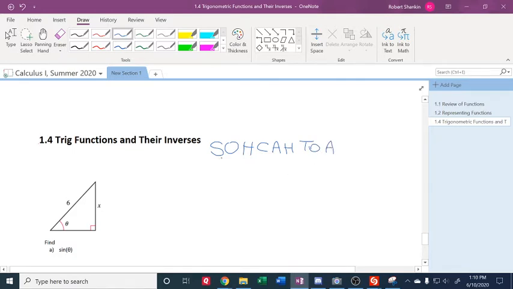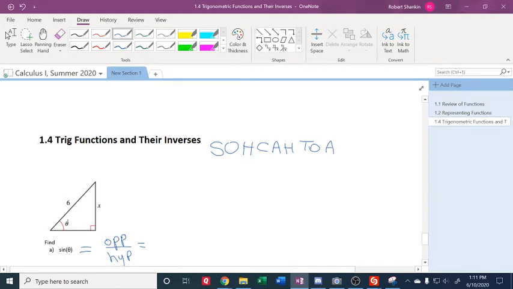And what it's representing is the sine is the opposite over the hypotenuse. Cosine is the adjacent over the hypotenuse. Tangent is the opposite over the adjacent. So the sine of theta is equal to, sine is opposite over the hypotenuse.